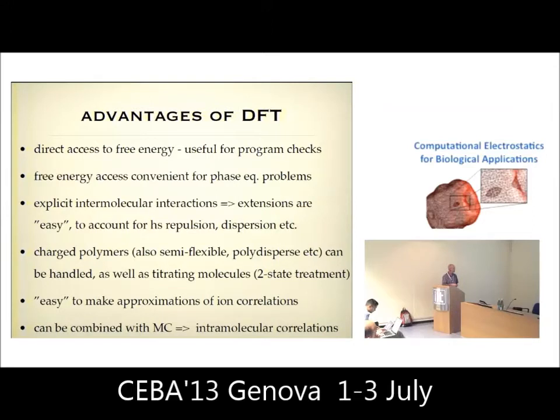And charged polymers, I think this might be one of the perhaps most important advantages, is that you can treat polymers. Like you have a charged, let's say you would have a charged protein then, or charged something, and then you have a solution of polyions or polyelectrolytes. Then you can treat that with DFT.